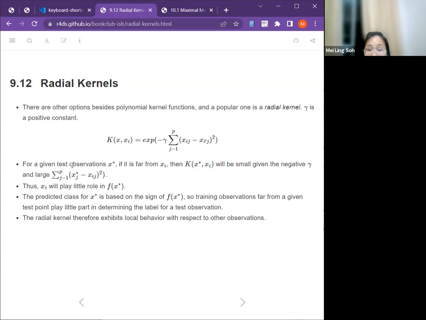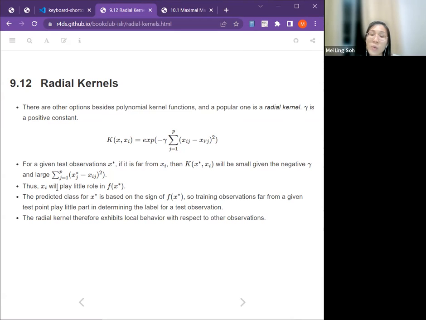Given a test observation X that is very far from the other observation, your kernel will be very small because you have a negative lambda and a large distance between the observations.